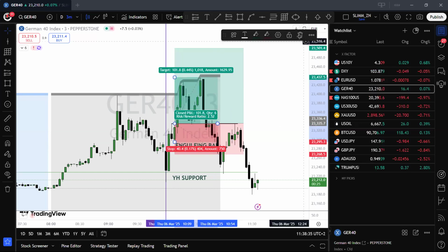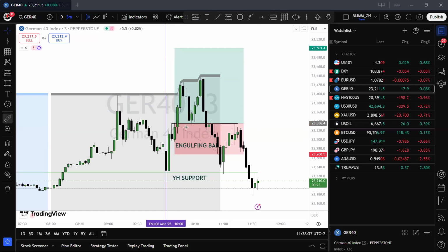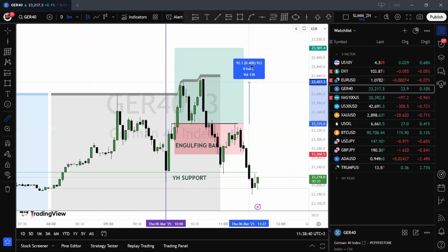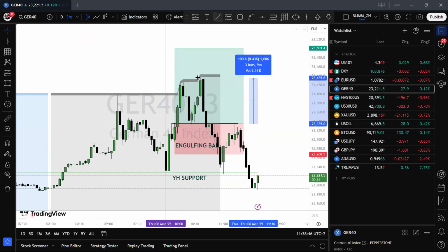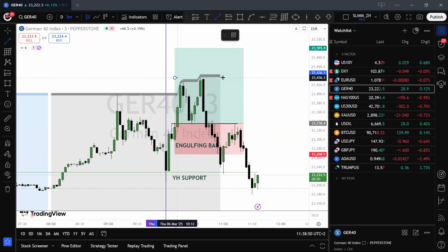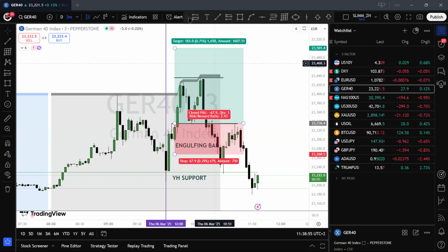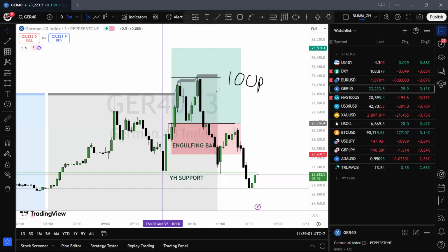Okay, so let's take that off. And again, our target always has to be at least within the range of 100 points. So if you measure this, you notice that this was 100 points right here. So if you're in a setup, whether it's a 1:10 or 1:, what, if my price reaches 100 points on indices, for me, that's a successful setup.